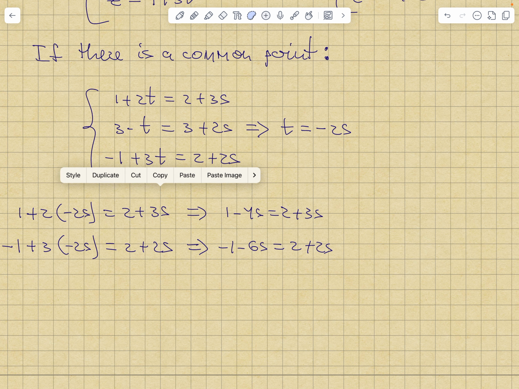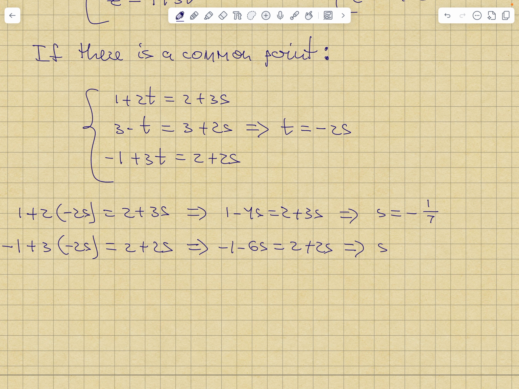From the first equation I'll get that minus 7s is equal to 1, so s is minus 1/7. And from the second equation I'll have that 8s is equal to minus 3, so s is minus 3/8.